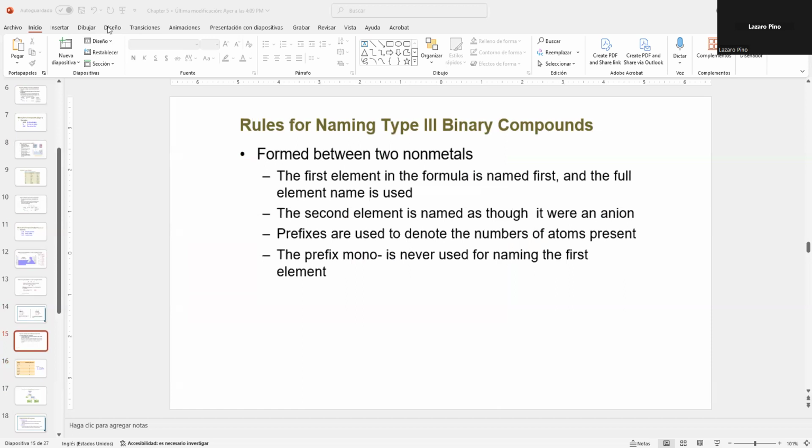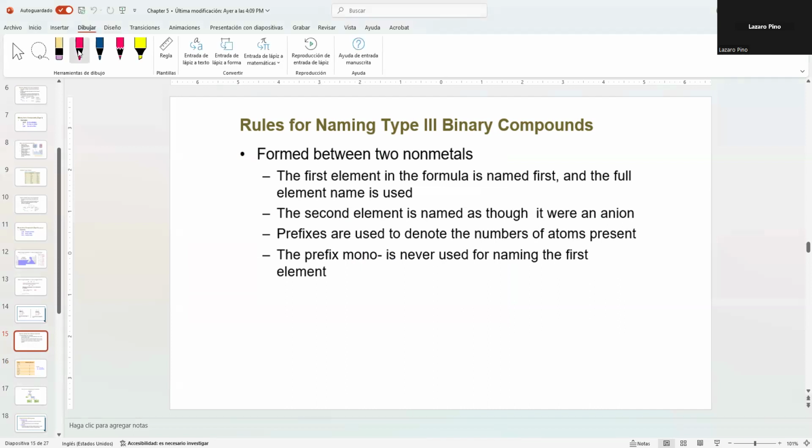Well, what are type 2 binary compounds? They are compounds made of a non-metal plus a non-metal. Every time we have non-metal plus non-metal, we are in type 2 binary compounds. Then, as you can see, we name the first element as in the periodic table.